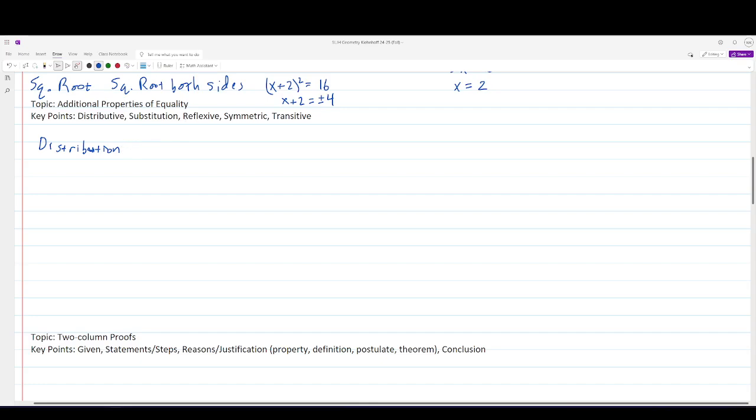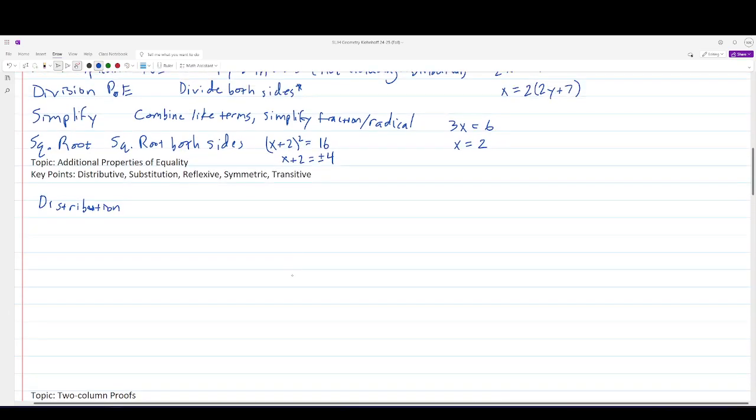So distribution would be, in the example we had above, and we could actually put factor with it as well. So we'll have distribution or factor. We'll never use factoring because, again, we're not doing quadratics, but it would be the same kind of step where you either distribute or factor something from a polynomial.